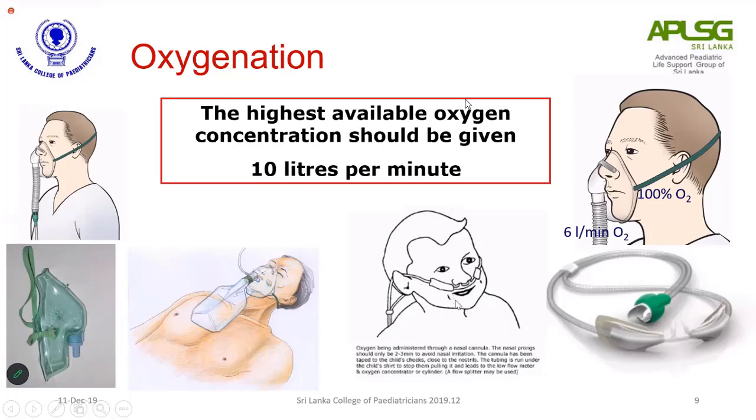In young children, especially infants of less than 2 years of age, you can use the nasal cannula or the nasal prongs, as you can see here. Usually the maximum amount of oxygen that you can deliver through the nasal prongs is about 2 to 3 liters per minute. The normal face mask can also be used to deliver a higher oxygen concentration.